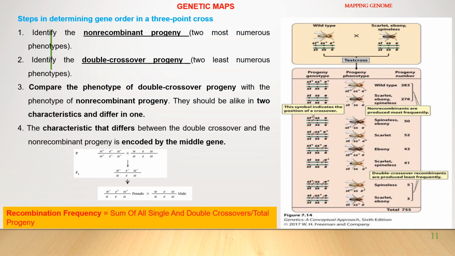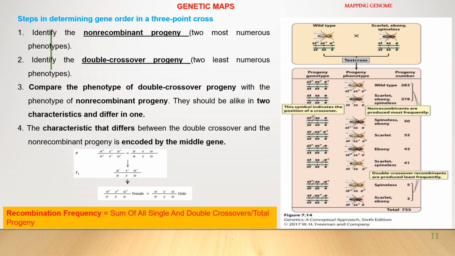The progeny data is recorded and analyzed. First, identify the two phenotypes which are maximum in number. In this case, they are wild type and scarlet ebony spineless with 283 and 278 progenies respectively. These are the non-recombinants or the parental types.